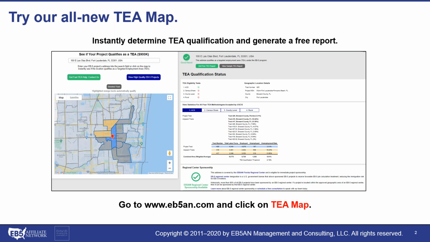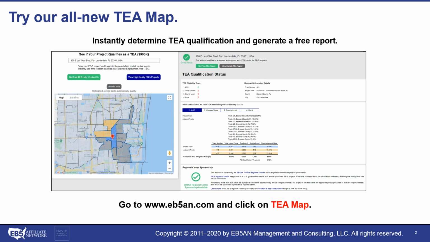So before we jump into the slides, for those considering a project for EB-5, it's important to determine if a project qualifies as a targeted employment area, which means that the minimum investment is $900,000 instead of $1.8 million. We have a new tool that we just launched on our website, TEA Map.